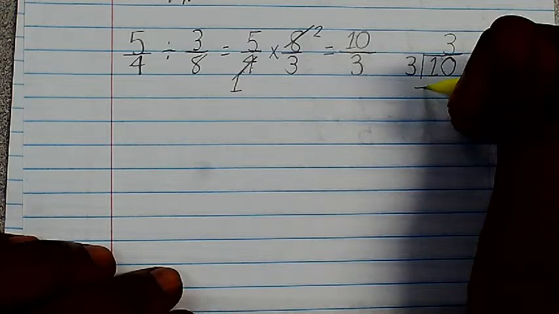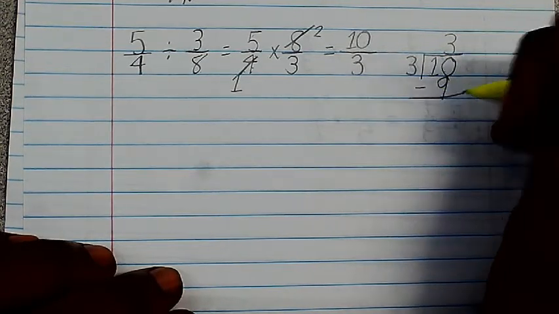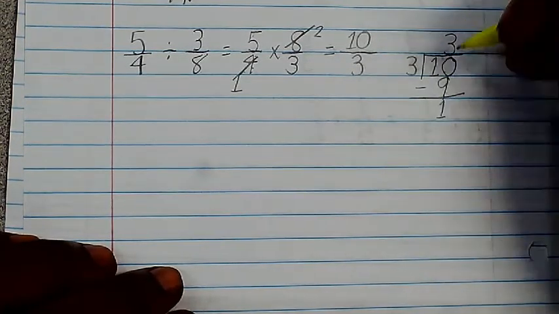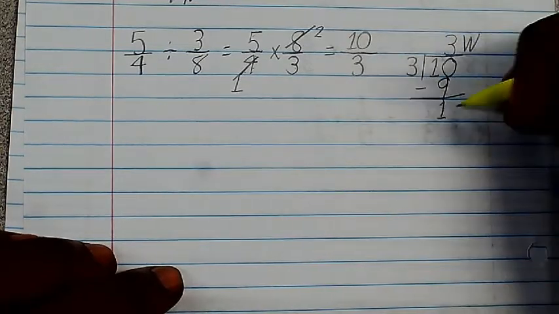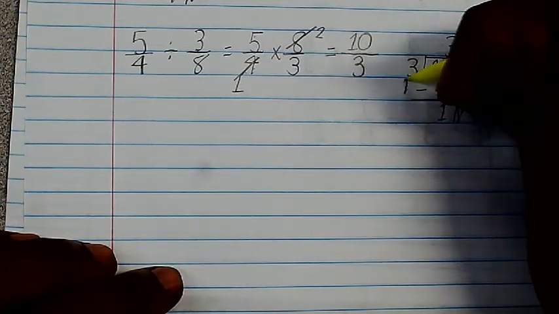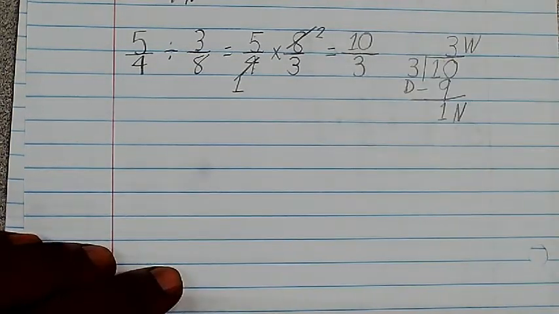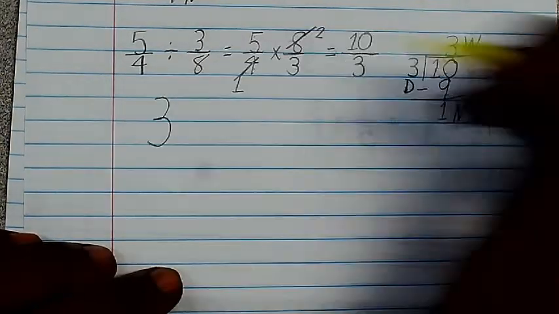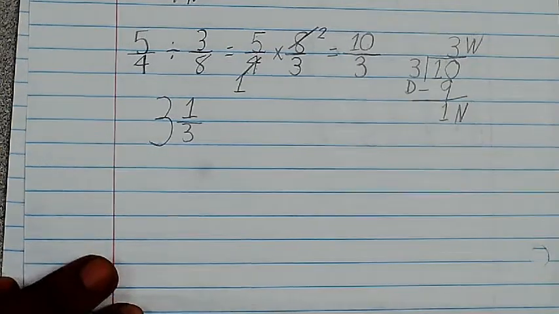When we multiply and subtract, we're going to have 10 minus 9. That gives us a remainder of 1. Then we have whole number, numerator, and denominator. So here our final answer is going to be 3 and 1/3. All right.